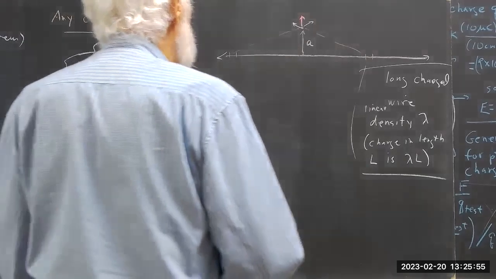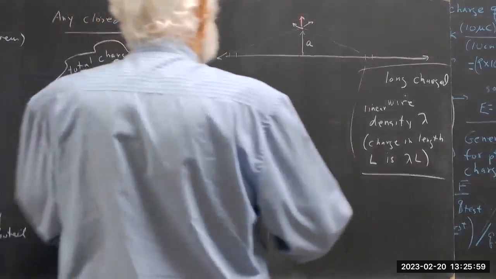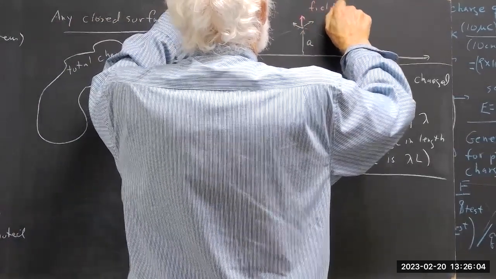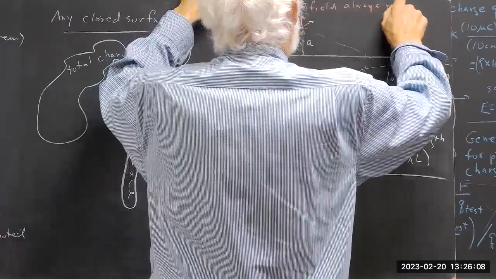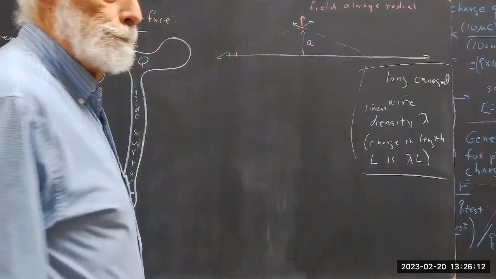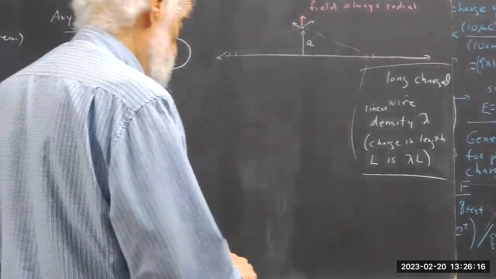So this shows that the field is always radial because of this symmetry.